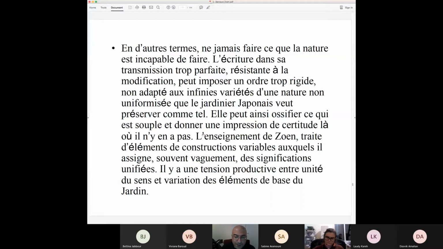Well, these elements are frequently associated to vague symbolism. There is this productive tension between the symbolism, which is unified, more in a vague manner, by the way, and the variability of the elements at the base of the garden.